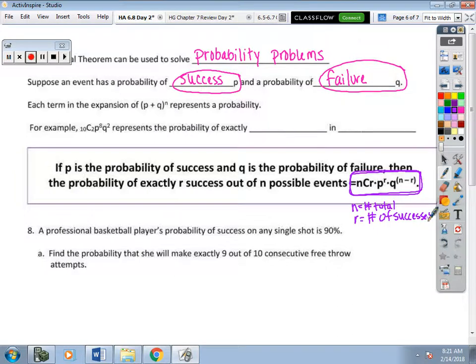So do we want to make 7 out of 10 shots, 8 out of 10 shots? How many successes are we looking to have? And then just like we talked about up here, P represents the probability of success, and Q will represent the probability of failure.